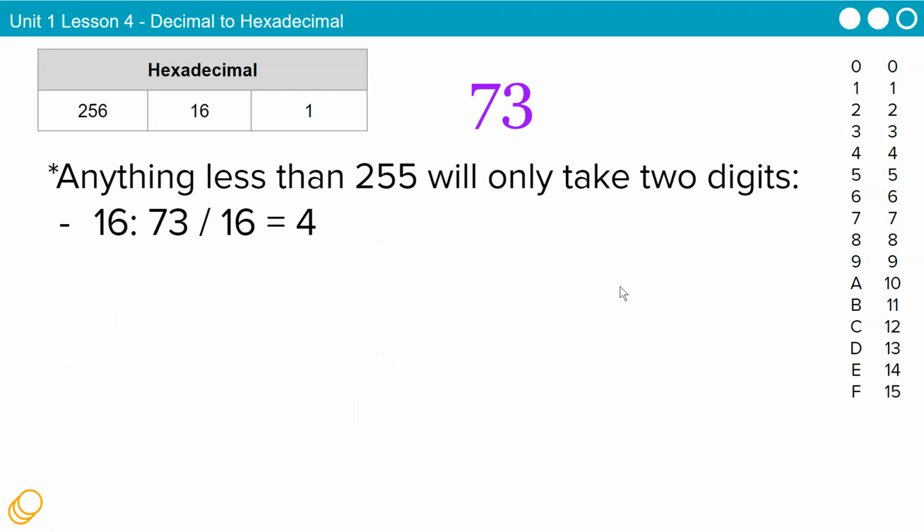Okay. 73 divided by 16 gives me 4 point something. But I'm going to truncate that. Think about the trunk of a tree. When you have a tree and you cut it down, you're left with just the trunk. That's what my brain thinks of when I think of truncating a decimal. It means it's gone. All I have is the main number. Okay.